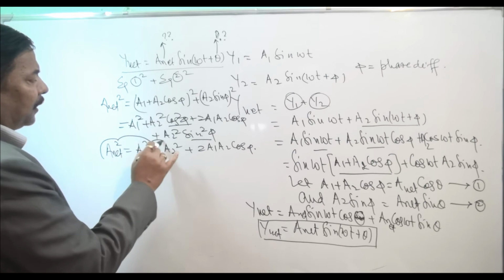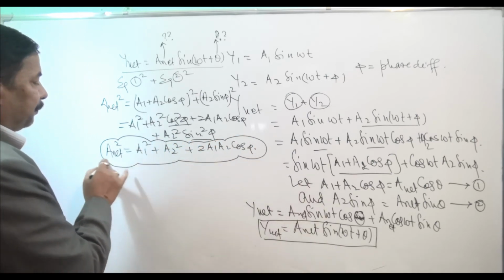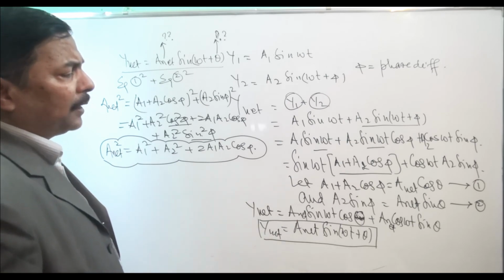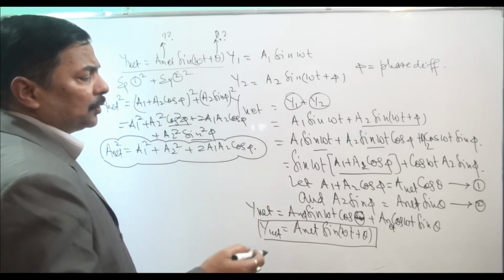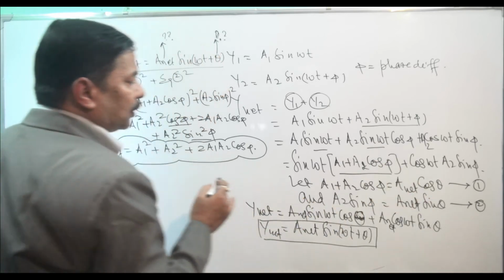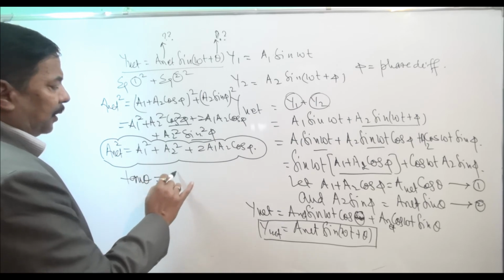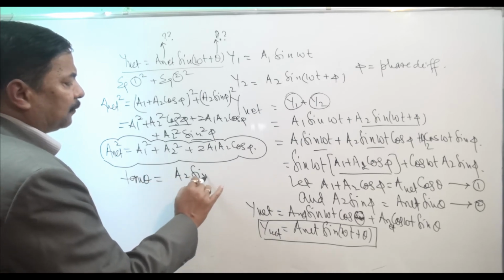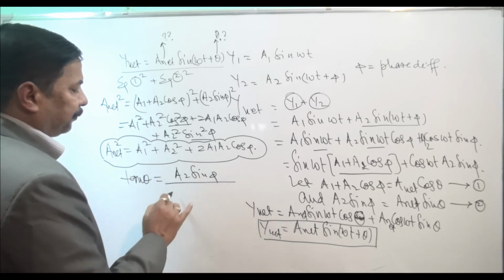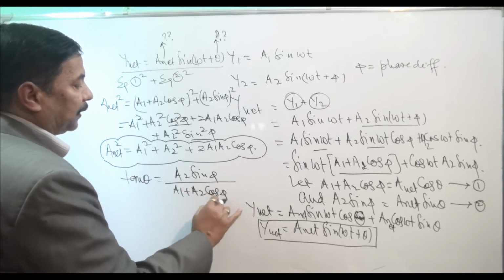This I am giving in the cloud; you should remember it all the time. And if we want to find the value of theta, I divide sine by cos, so tan theta is equal to A2 sin phi by A1 plus A2 cos phi.